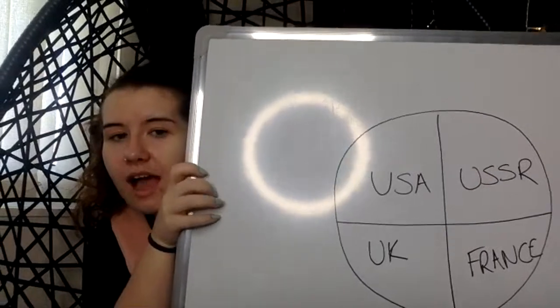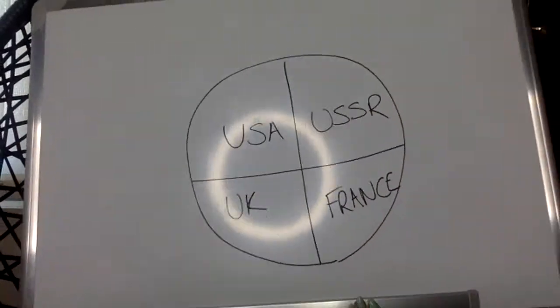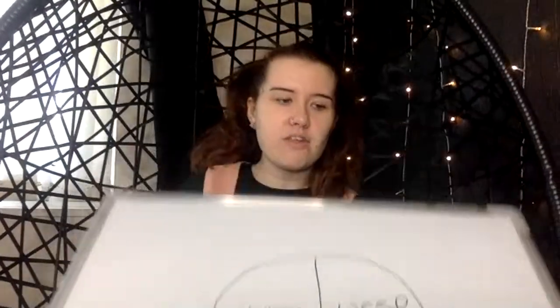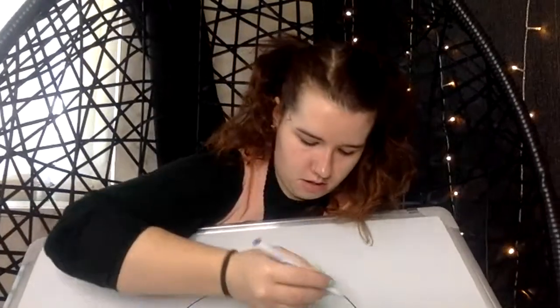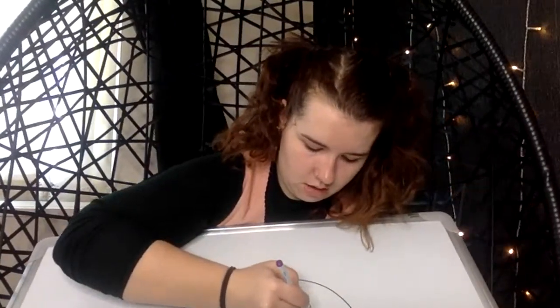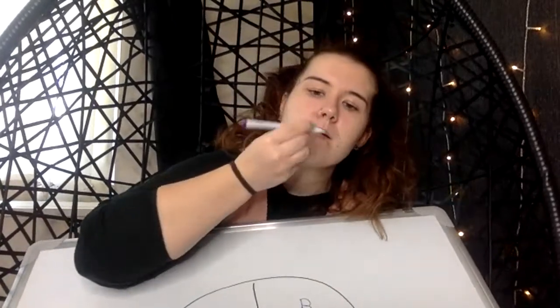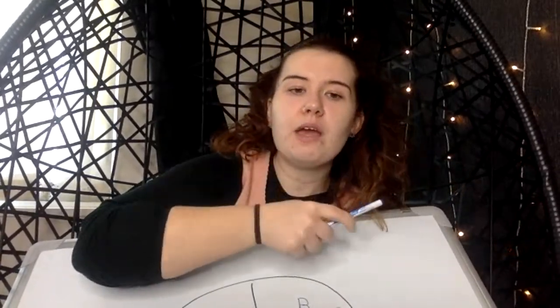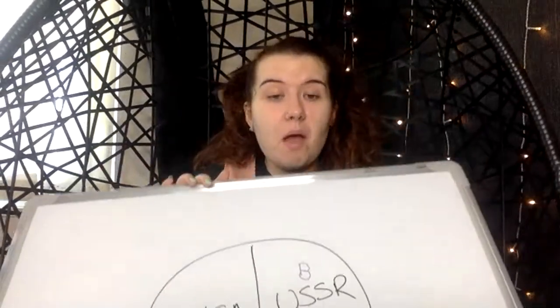And obviously, this is how Germany was divided as well. Now, if we're looking at this as Germany initially, let's put Berlin as a B here. If we were in school, you would have been drawing this.